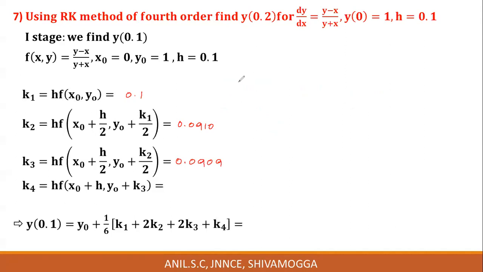K4 is h into, h is 0.1, f of x naught plus h, x naught is 0 plus h is 0.1, comma y naught, and y naught is 1 plus K3. K3 is 0.0909. 0.0832. Yes, that's right. This is correct.